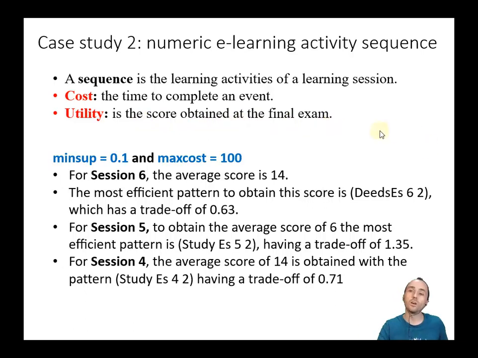So here, for example, if we use a minimum support of 0.1, max cost of 100, and we study session 6, we find the average score is 14, and the most efficient pattern to obtain this score is some special activity, which has a trade-off of 0.63. For other learning sessions, we find other patterns and so on.